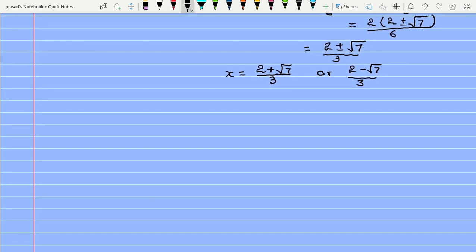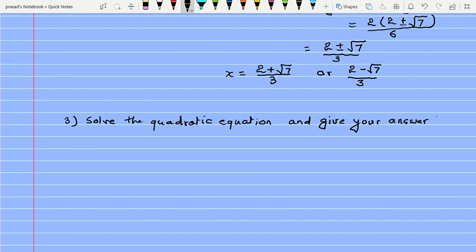But many a times the question can be asked like this: solve the quadratic equation and give your answer to three significant figures.